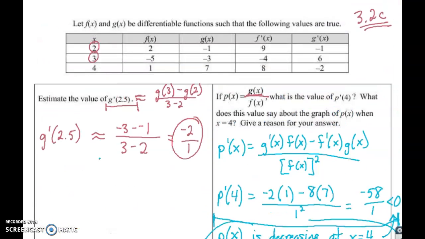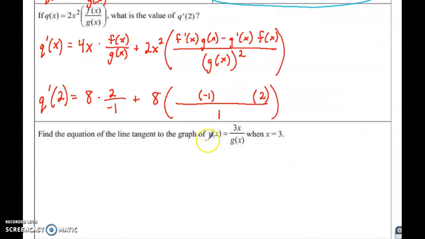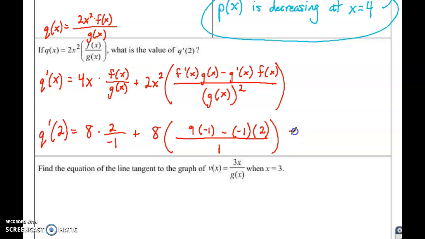And now we need f prime of 2, which was 9, and g prime of 2 is negative 1. So the way I'm looking at it, 8 times negative 2 is negative 16. Let's see, negative 9 plus 2, I'm reading that as negative 7, times that 8 will be negative 56, 62, 72. Holy cow, that's a large number.